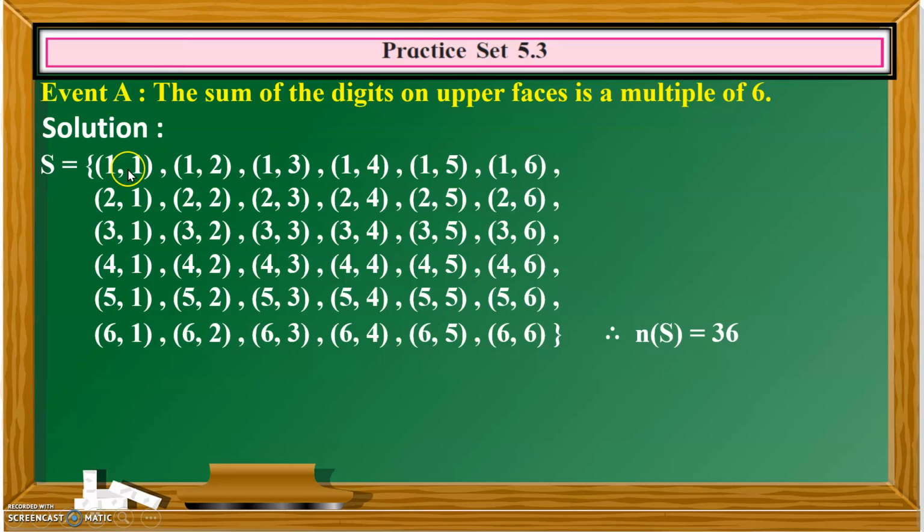So the sums range from 2 to 12. From 2 to 12, which are the multiples of 6? Only 6 and 12. So where are we going to get 6 in the sample space? The sum should be 6.